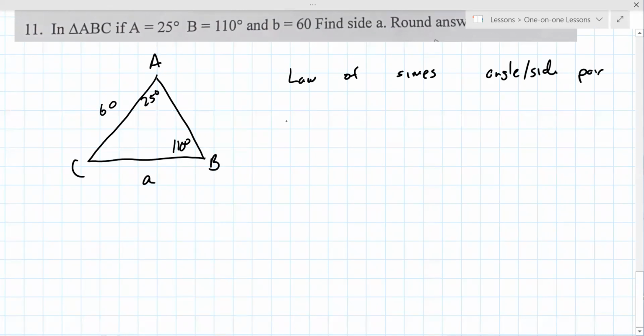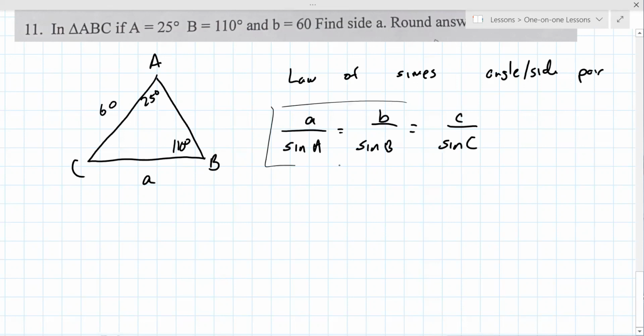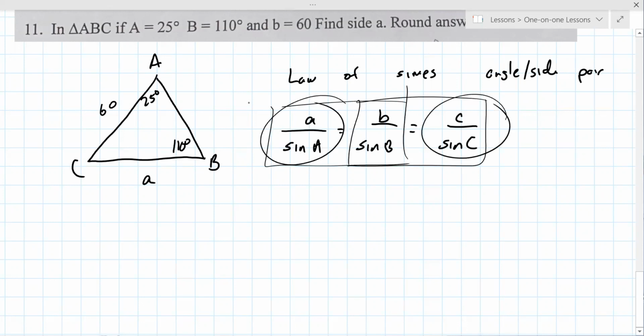The way it's set up is a bunch of different variations: a over sine big A equals b over sine big B equals c over sine big C. You can set any two equal, or the first and last equal. But you generally have three of the four pieces.